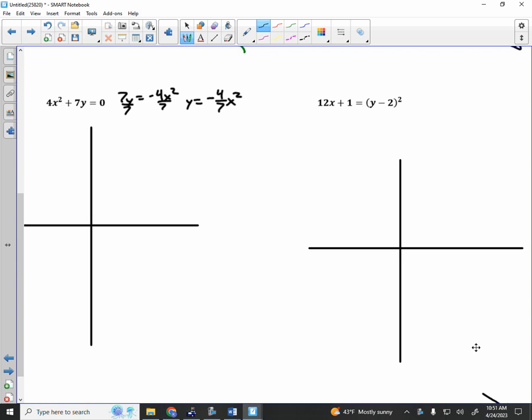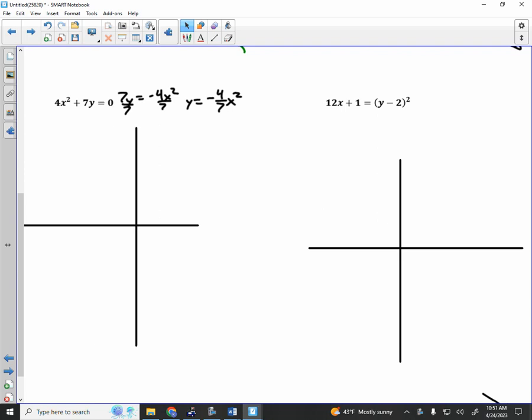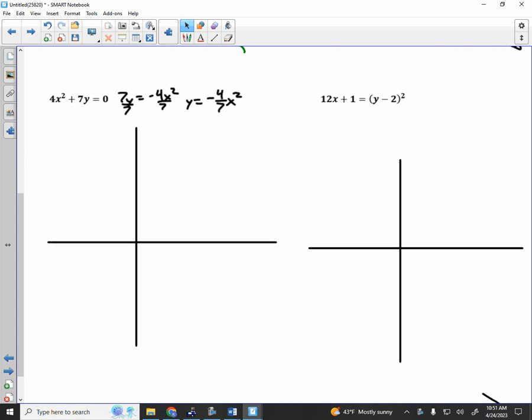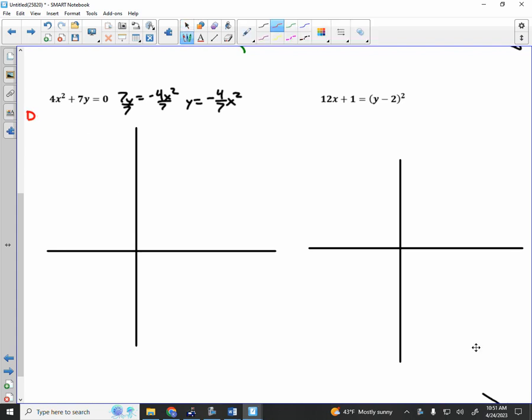So I'll list off the important characteristics: direction, vertex, axis of symmetry, focus, directrix, and the length of the latus rectum.